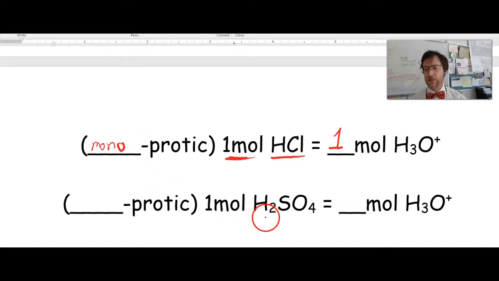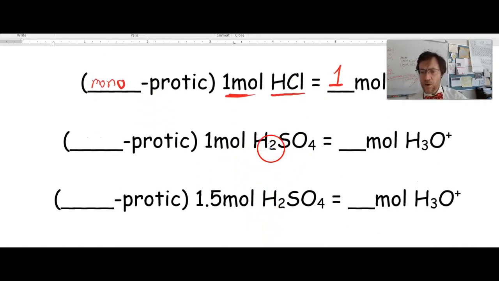Now we come up to this one, sulfuric acid, H2SO4. This is diprotic. What that means is for every 1 H2SO4 that we put in water, it will produce 2 hydrogen ions. So it's almost like doubly acidic. So 1 mole of H2SO4 will yield 2 moles of H3O+ ions.